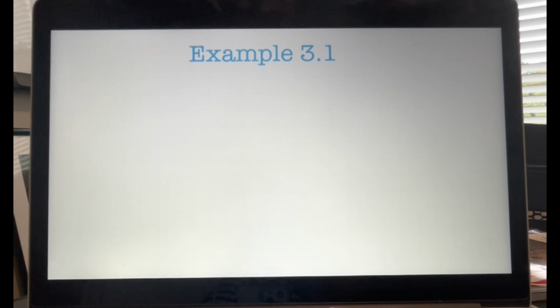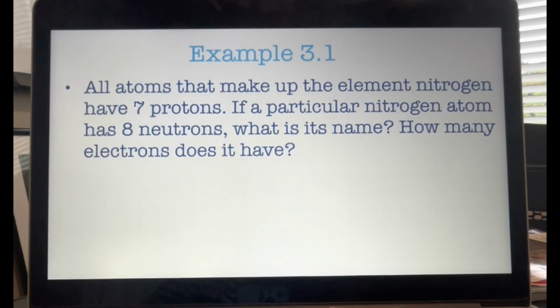Example 3.1. All atoms that make up the element nitrogen have 7 protons. If a particular nitrogen atom has 8 neutrons, what is its name? How many electrons does it have? All right, let's think about this here.